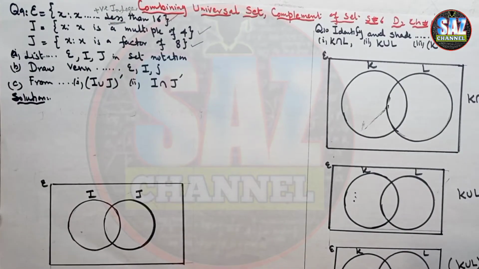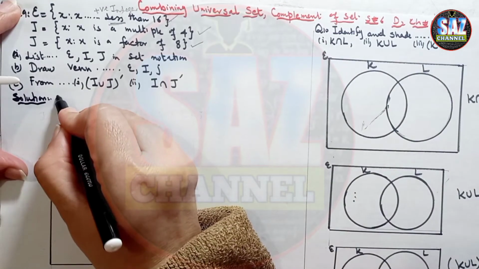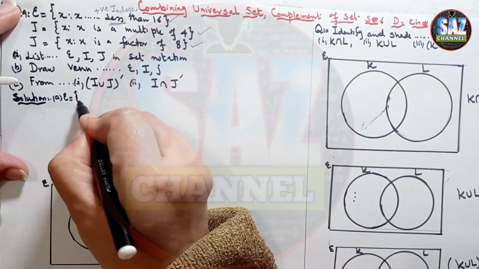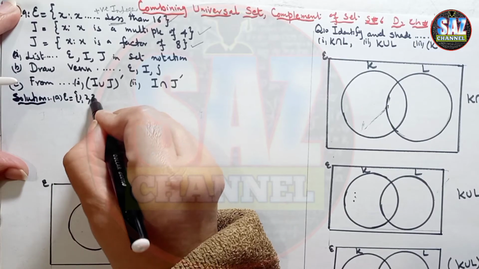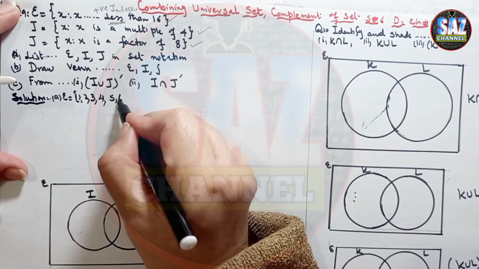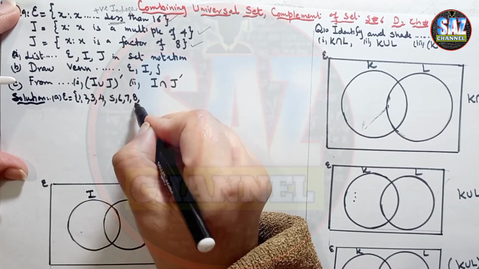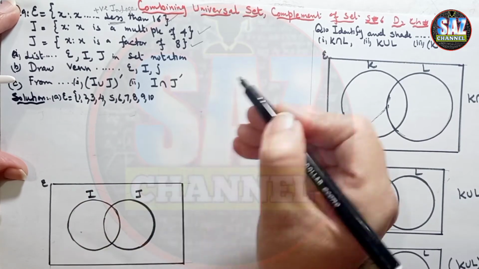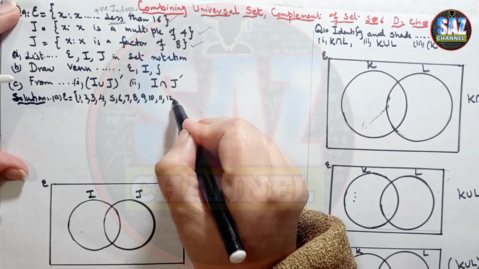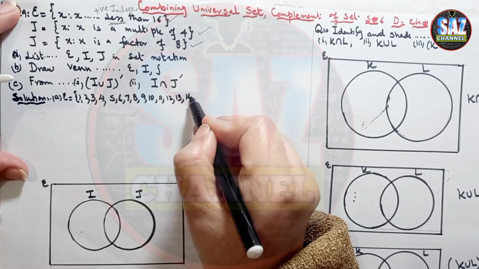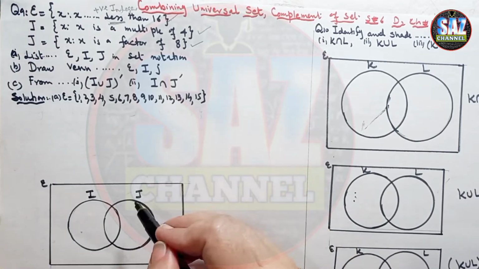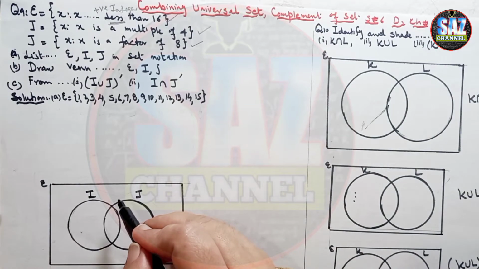So the universal will have the elements 1, 2, 3, 4, 5, 6, 7, 8, 9, 10, 11, then 12, 13, 14, and 15. I hope you are clear why I'm not taking 16 in universal.